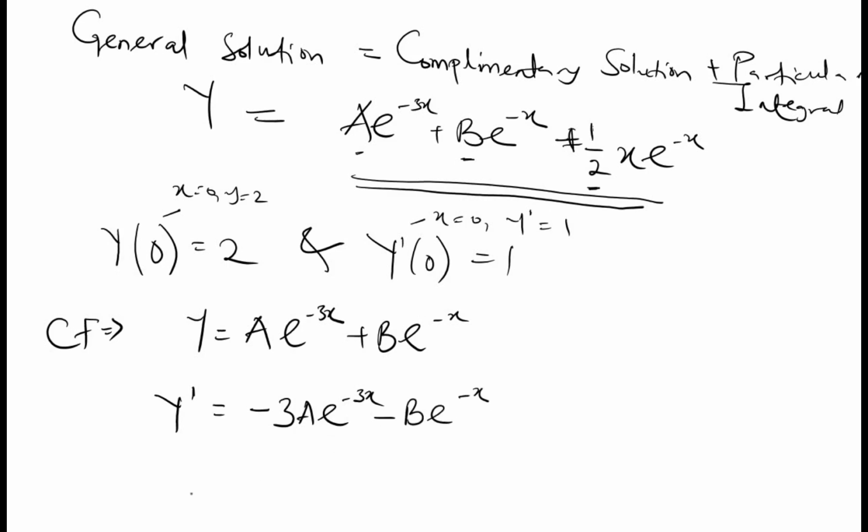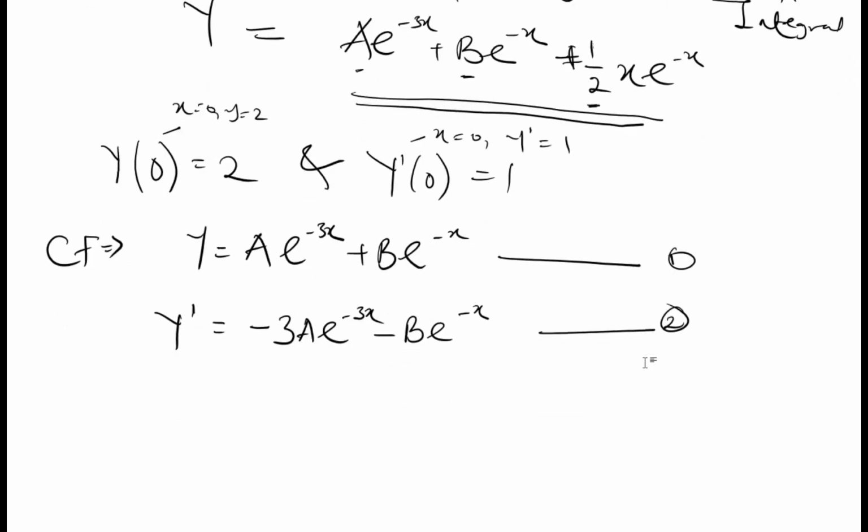So this is my y prime. Let me call this equation 1, and equation 2. In equation 1, I'm going to use the first boundary condition. That's y is equal to 2. 2 is equal to a exponential minus 3x. My x is 0. 3 times 0 is 0.